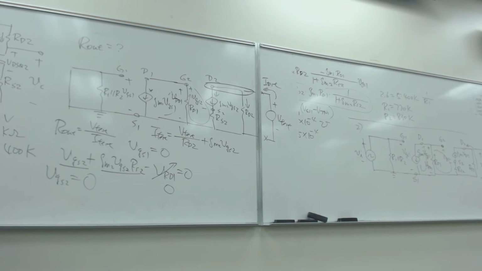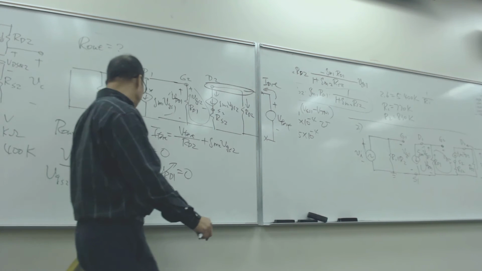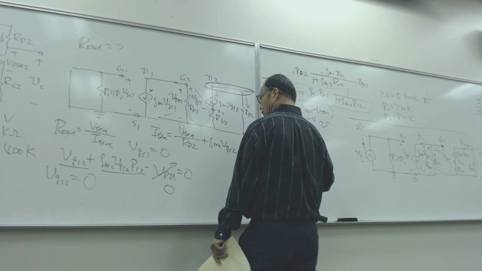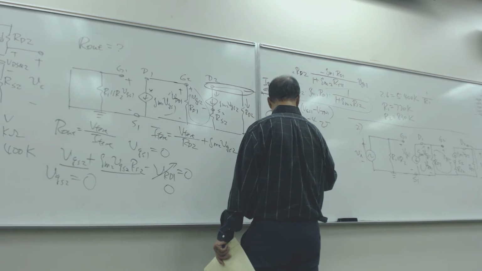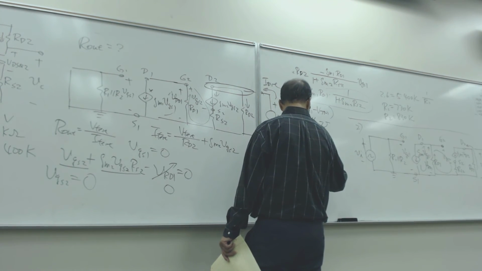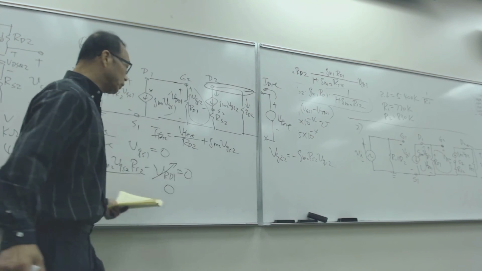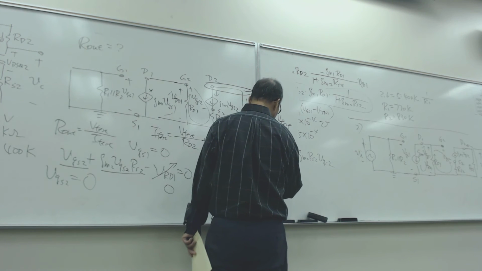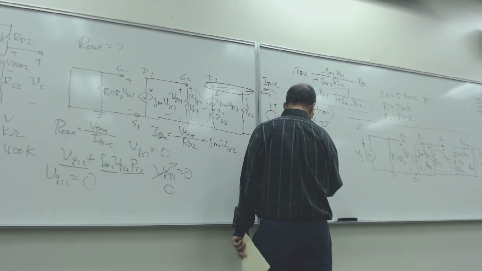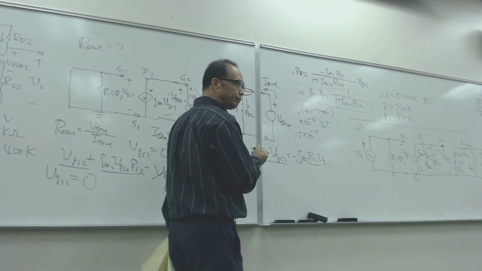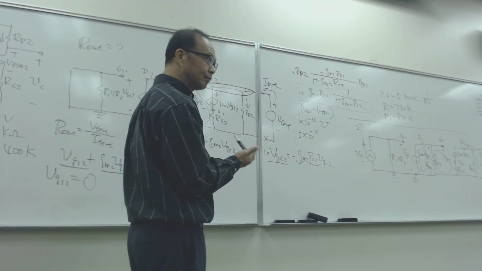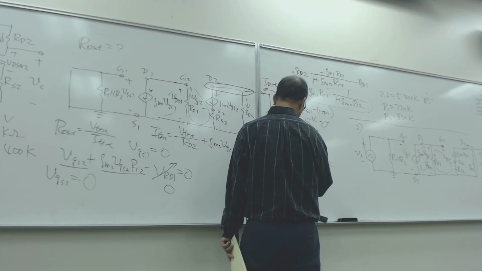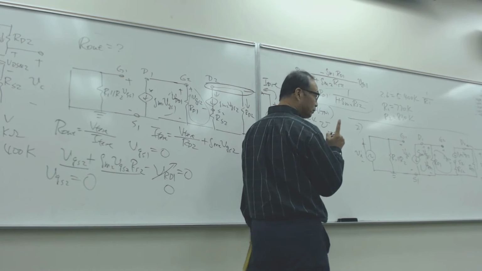You see? No? Okay, let me rearrange the equation. So from this equation, now VGS2 equal to minus GM2 RS2 VGS2, correct? The same equation. Now see, there's 1 times VGS2, there's something times VGS2, yes? Unless there are 2 possible solutions.